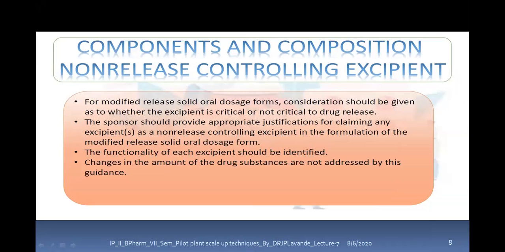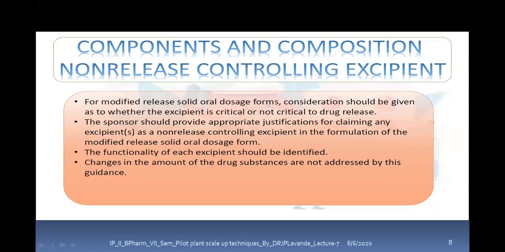That means whether changes in the excipient will affect the drug release characteristics or not. If it is critical, then again care has to be taken. The sponsor should provide appropriate justification for claiming any excipient as a non-release controlling excipient in the formulation of the modified release solid oral dosage form.